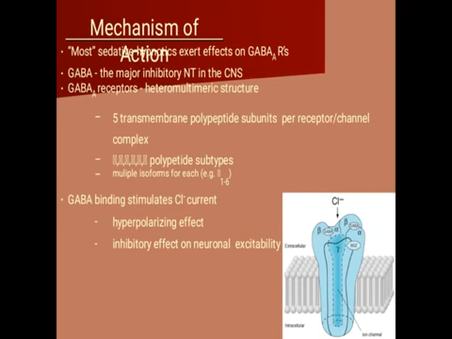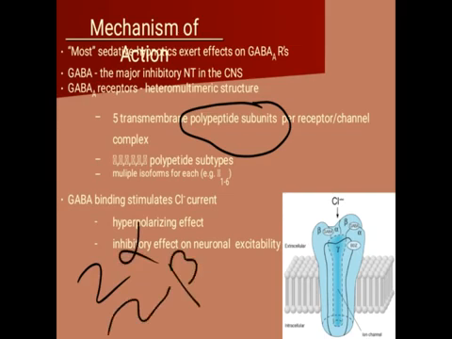So the GABA receptor consists of 5 subunits. These are polypeptide subunits which consist of 2 alpha, 2 beta, and 1 gamma unit. So totally they consist of 5 polypeptide subunits. They are present like this.